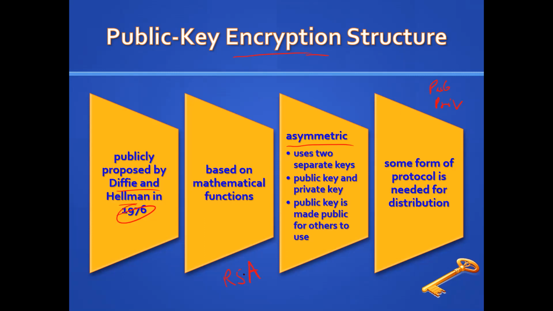So how do we exchange the symmetric key? And so they came up with the idea, use 2 separate keys, public and private key, and the public key is made public for others to use, right? So we've discussed that. Some form of protocol is needed for distribution. So that was kind of the motivation there.